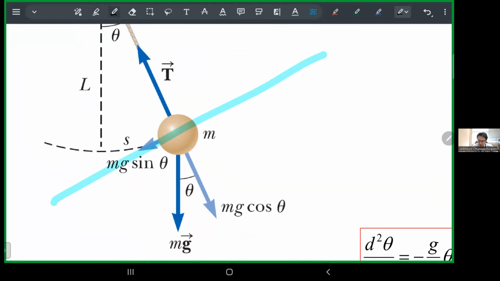And then you're trying to draw all the forces acting on this mass, right? So you have mg pointing down, you have tension pulling up, and because all the movement is along this tangential direction, let me give you the direction of motion. It's going downward like this, right?